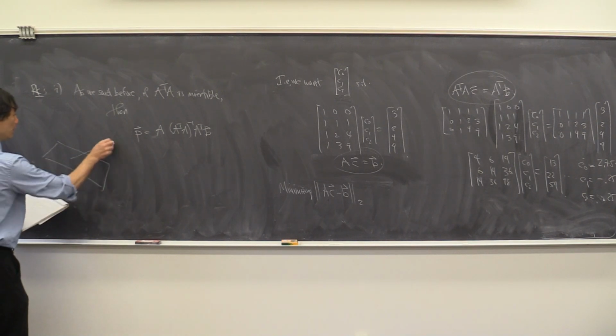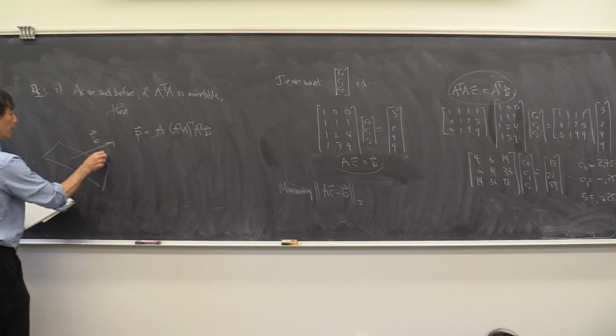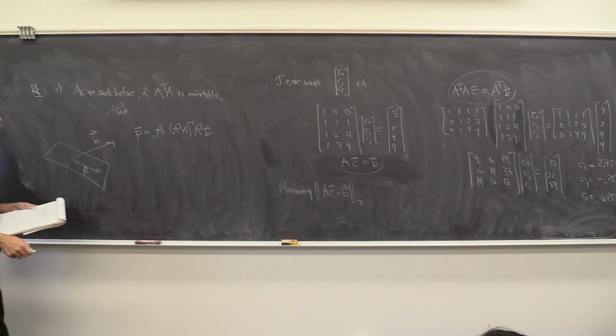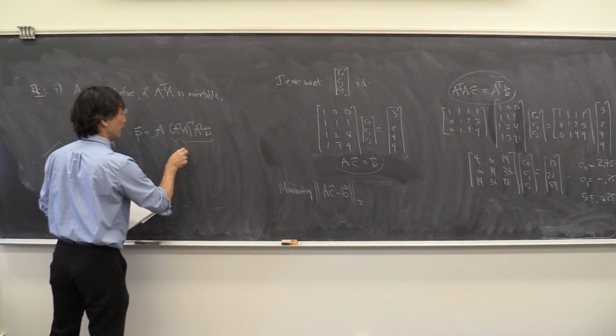Again, the picture was if this is B, then P is going to be that thing, because this thing was x hat.